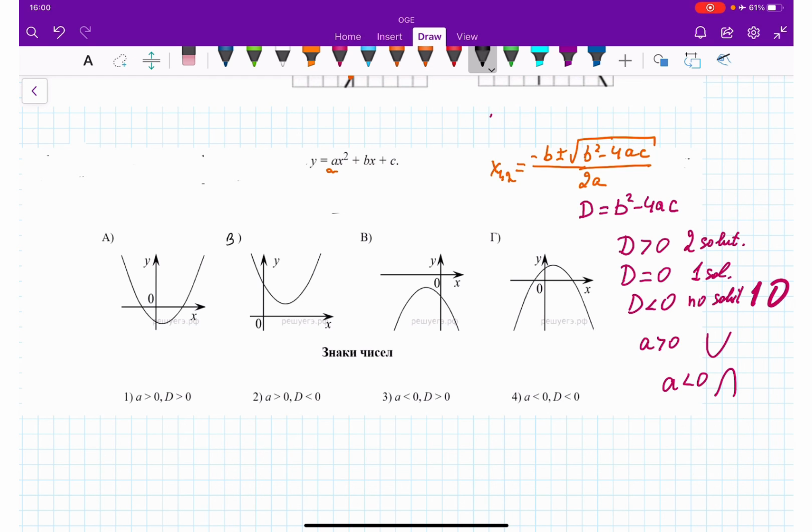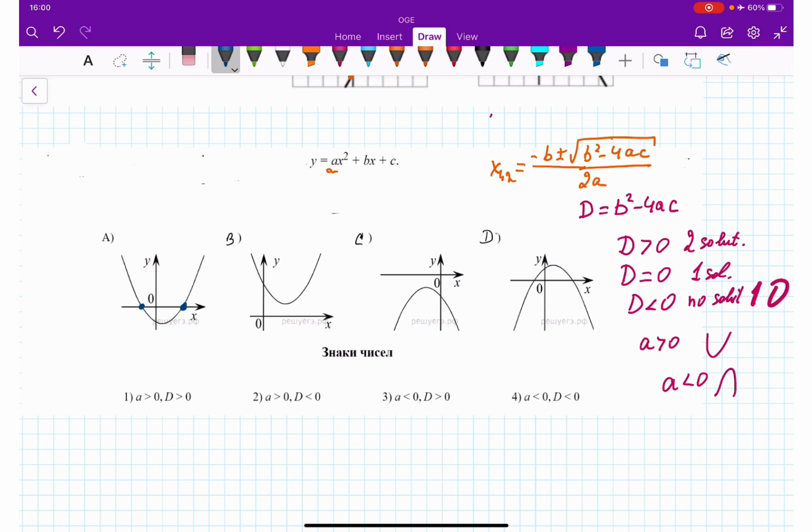A, B, here is C, and this is D. So, let's look at the graph A. What do we have here? Do we have two solutions? How do we know if we have two solutions? Because it's crossing in two points.